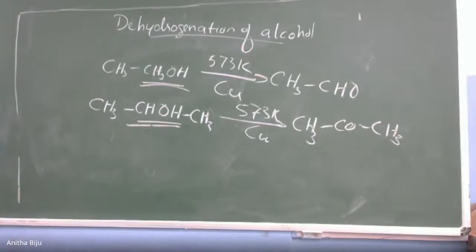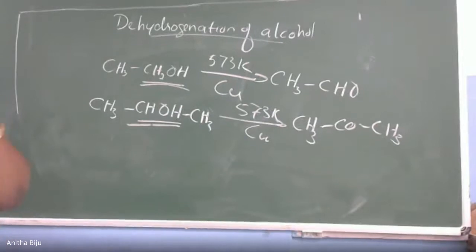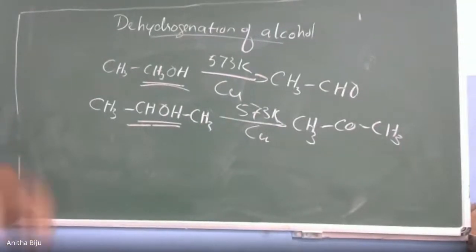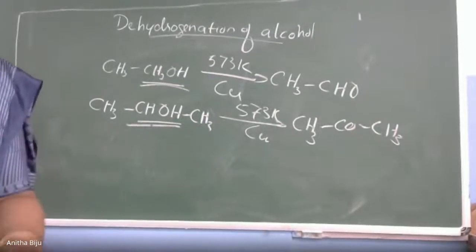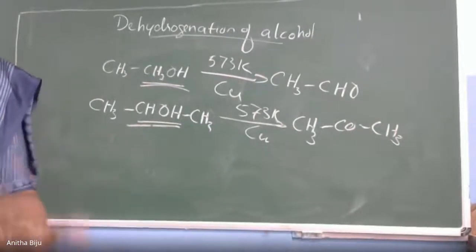So removal of H2, that's why the reaction is called dehydrogenation. Got it? So this reaction also comes under the category of methods of preparation of aldehydes and ketones together. Now the last method of preparation, where again we will get both, combined reactants and product.